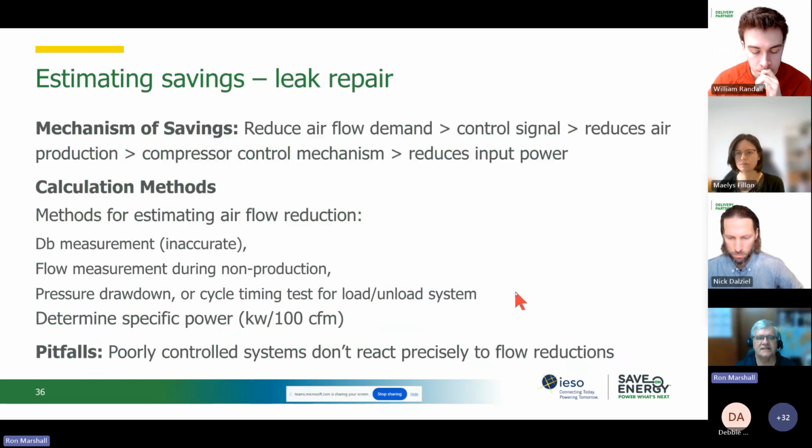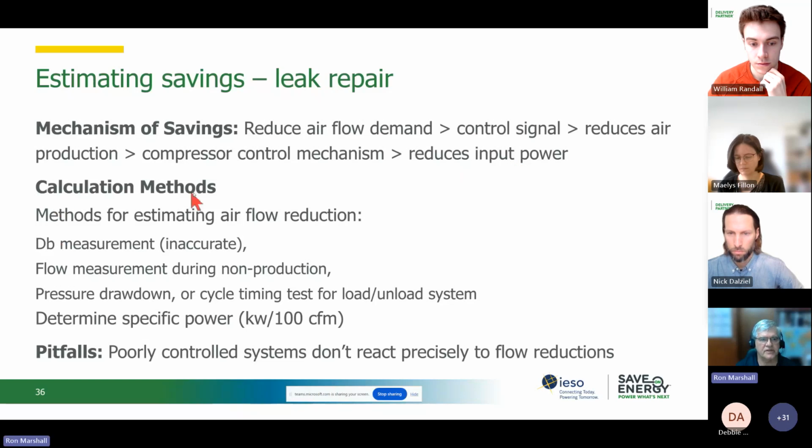Estimating savings, leak repair, right? So the mechanism of saving, we're reducing the airflow. The control signal cuts back that compressor output depending on how it's operating, right? Operating mode reduces the air production on that compressor, right? And reduces the input power in some manner, depending on the curve that compressor is operating with.